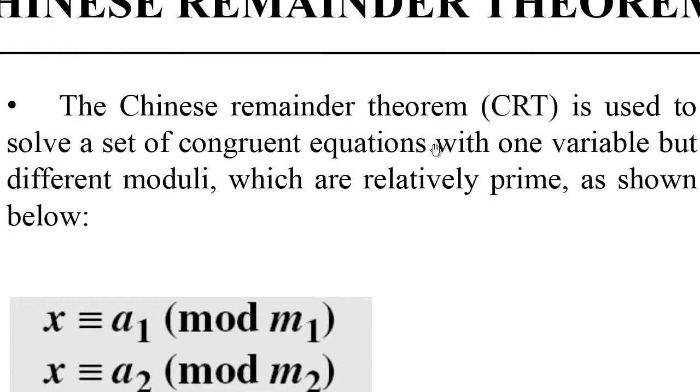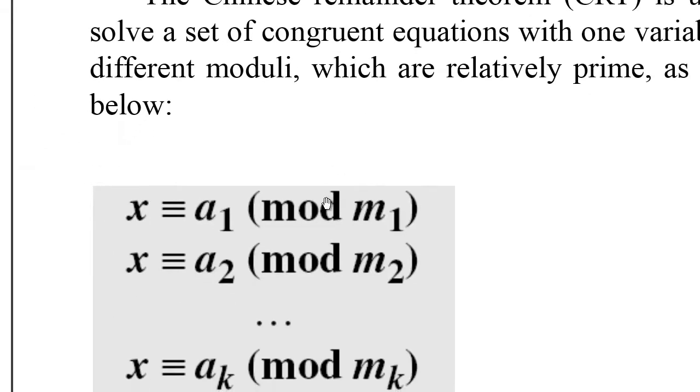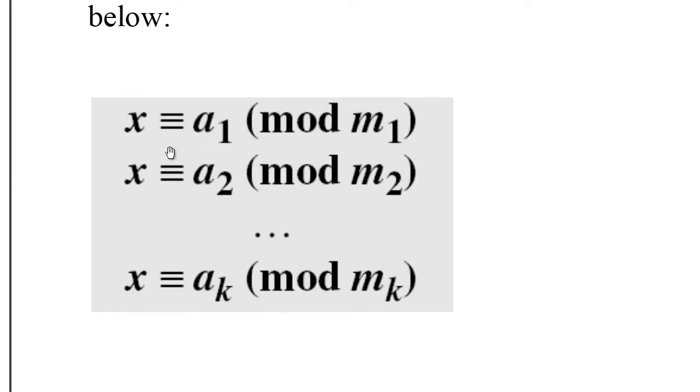So, CRT is where you need to solve a set of congruence equations. Let us see the equations: x congruent to A1 mod M1, x congruent to A2 mod M2, and so on up to x congruent to Ak mod Mk.